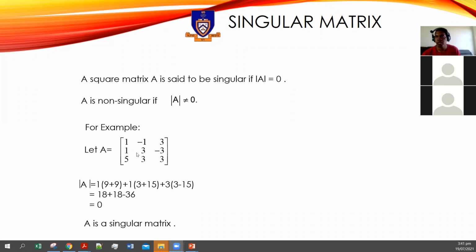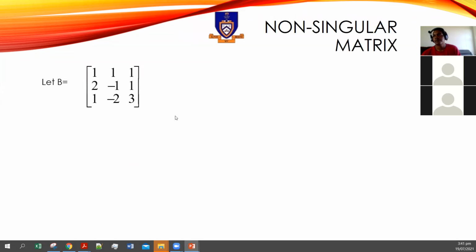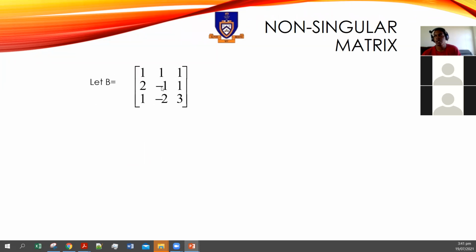And we are just explaining now singular and non-singular matrix. So if we ask you, determine if the matrix is singular or non-singular, then we have to basically find the determinant of the matrix, okay? A non-singular matrix is one example over here.